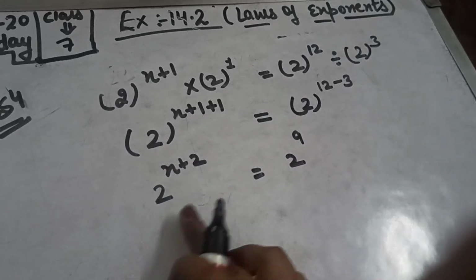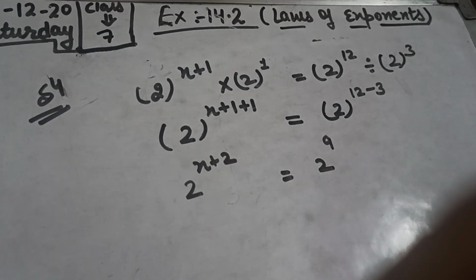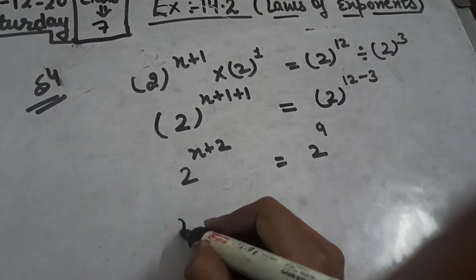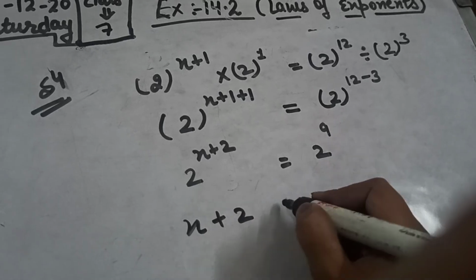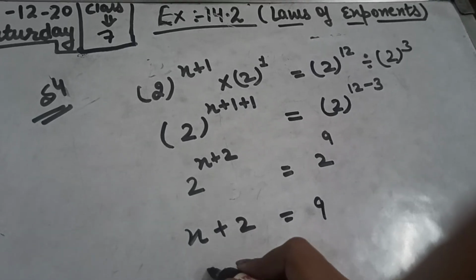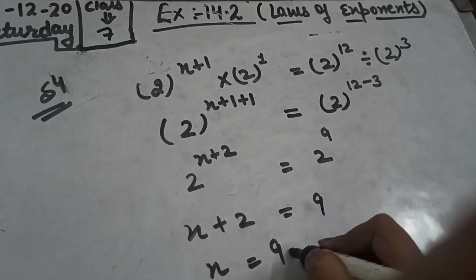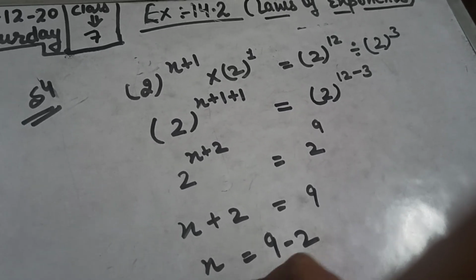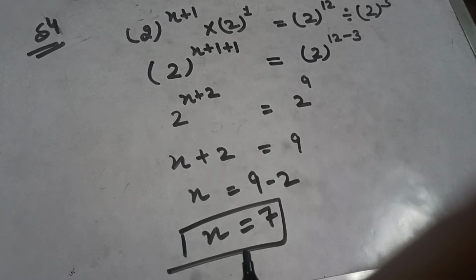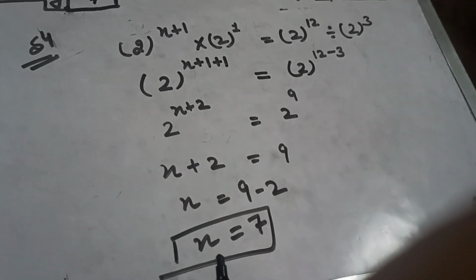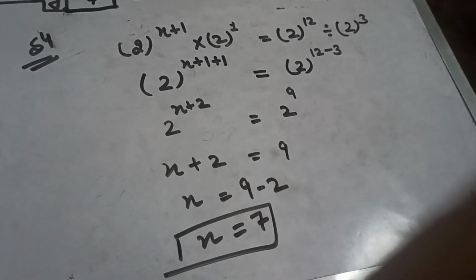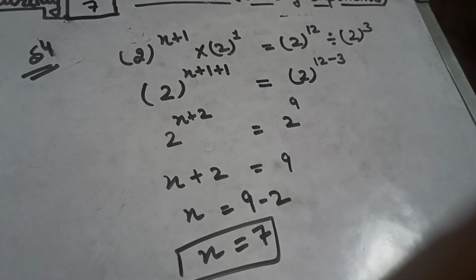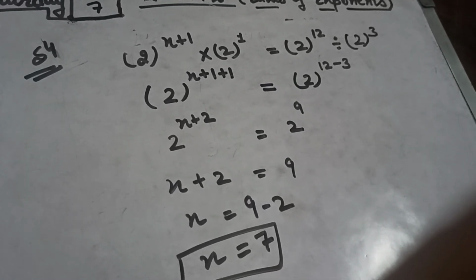Now the bases are equal, so we take the powers as they are: x plus 2 equals 9. So this is 9 minus 2, and x equals 7. So you get the value x equals 7. Clear students? If you have any doubt in these questions, you can comment and ask.